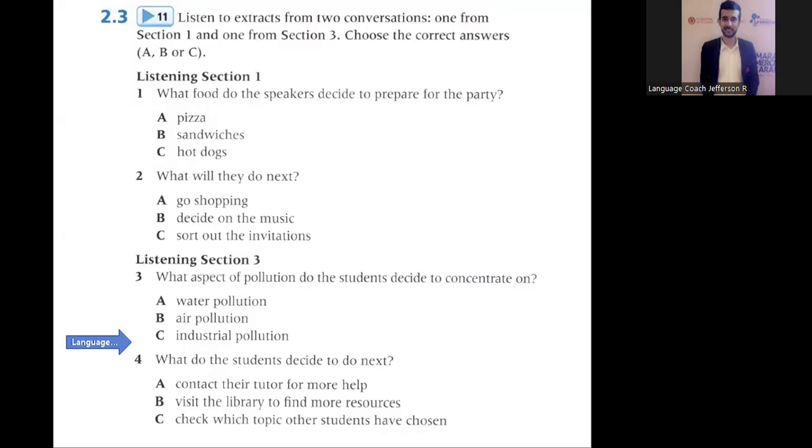Shall we go to the library and look for resources? Actually, I think we'd be better off looking online. The good resources in the library are often all out at this time of the year. Anyway, before we notify the tutor which topic we've chosen, I think we need to ask the others what they're doing. You're right. We need to make sure we're not all doing the same thing. Let's ask them this afternoon in the tutorial. Great idea.